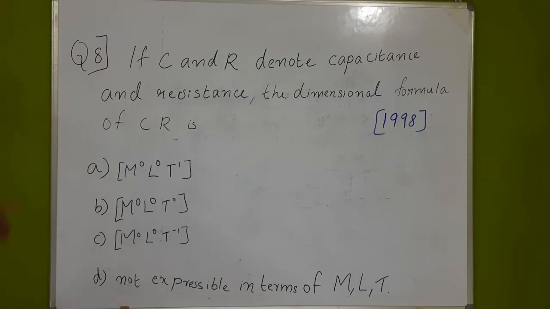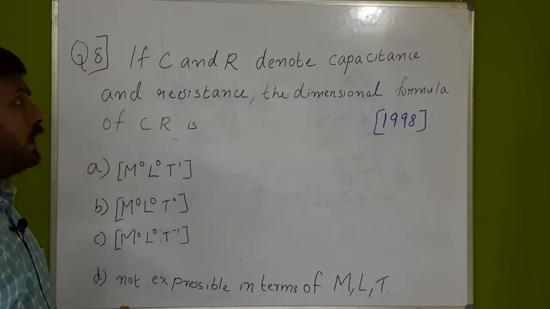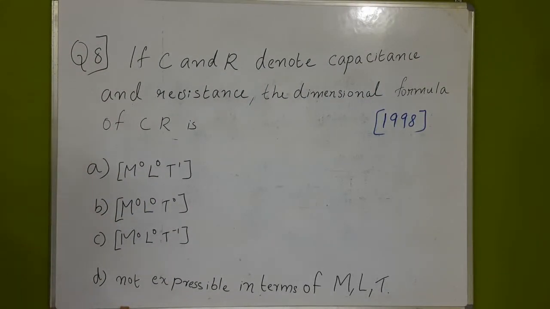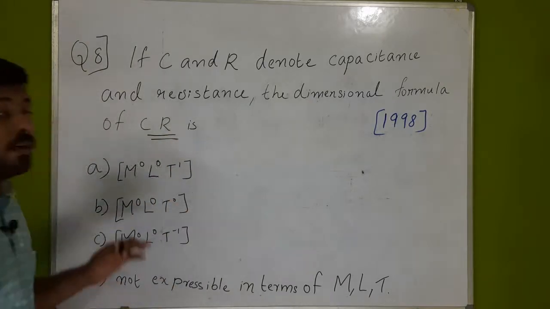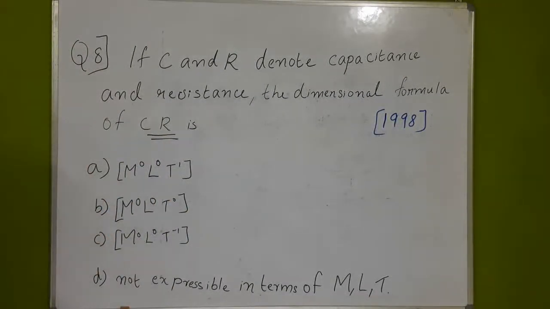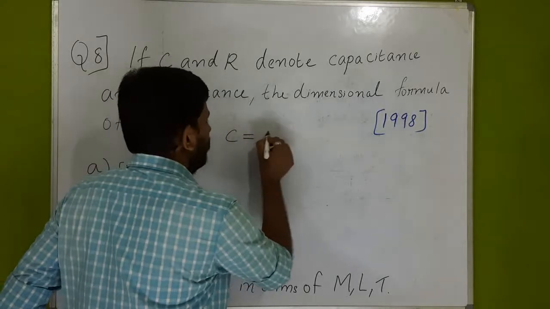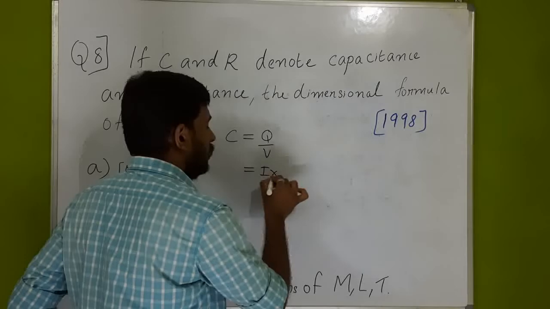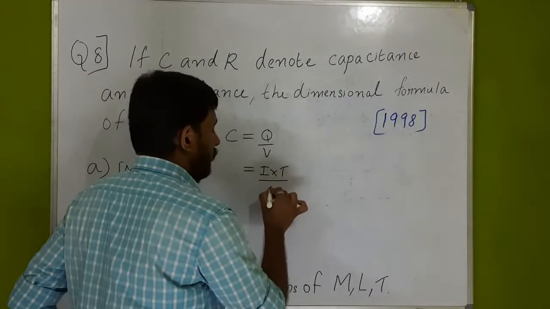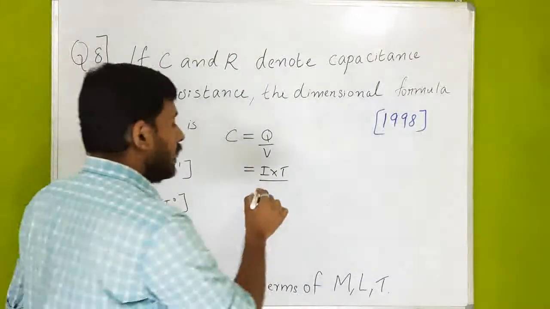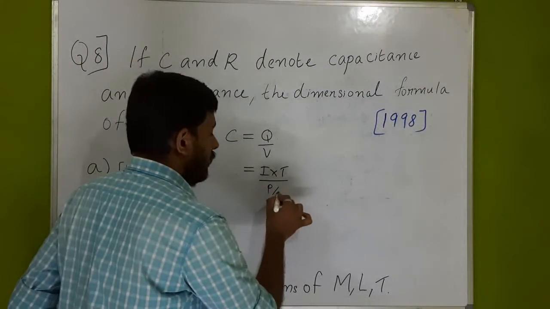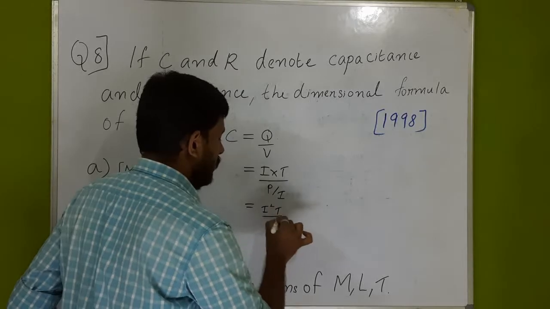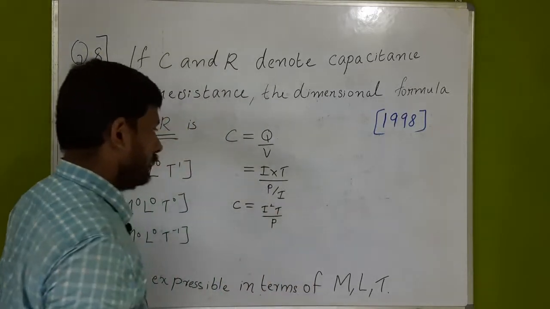Question number 8. If C and R denote the capacitance and resistance, then the dimensional formula of CR is, we have to find out the dimensional formula of CR. We know that capacitance C is equal to charge by voltage, and charge is equal to current into time divided by voltage, and voltage is power divided by current. Therefore we have I square T divided by P. This is capacitance.